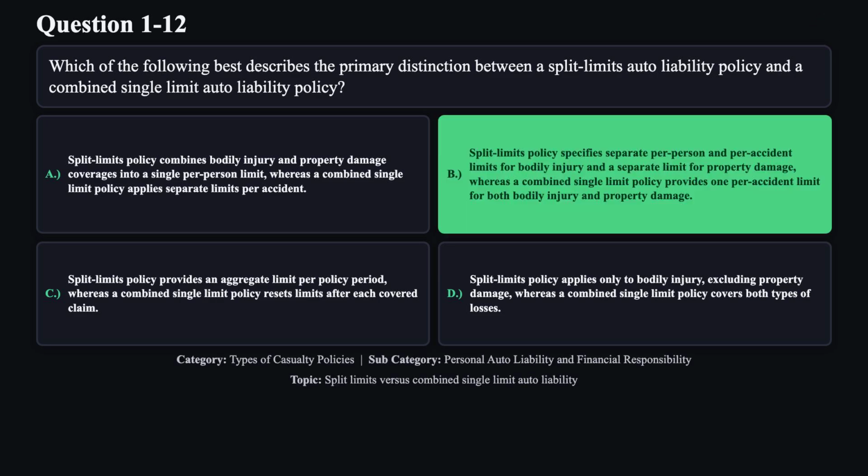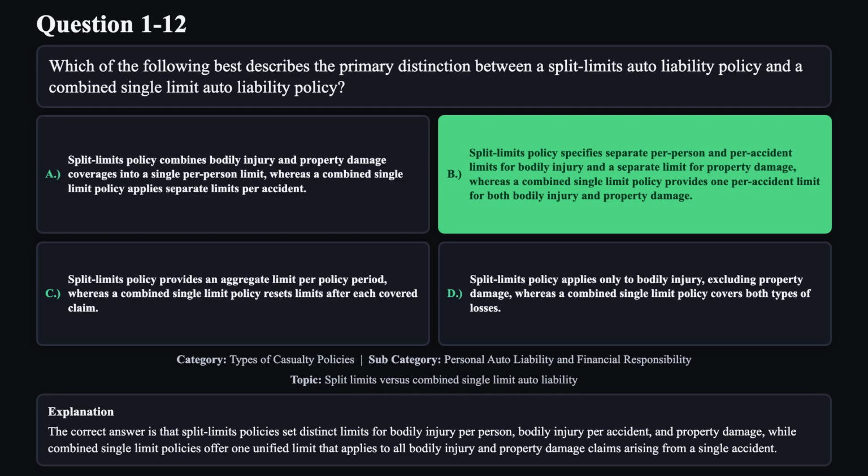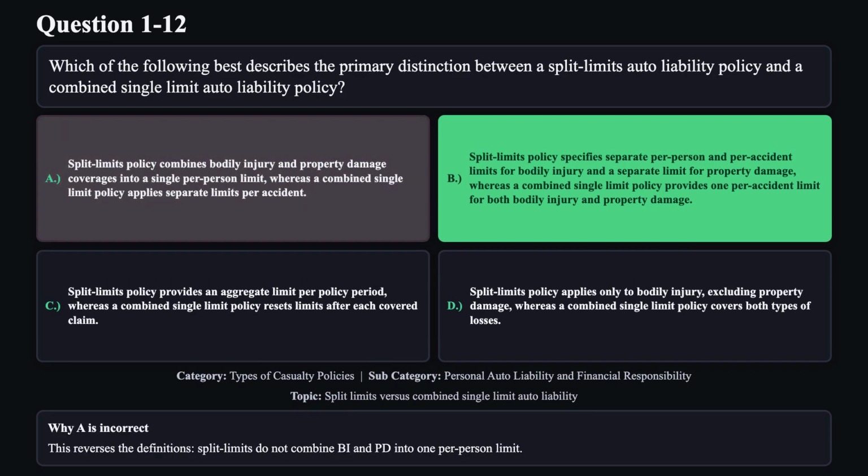The correct answer is B. Split limits policies set distinct limits for bodily injury per person, bodily injury per accident, and property damage, while combined single limit policies offer one unified limit that applies to all bodily injury and property damage claims arising from a single accident. Reason A is not correct. This reverses the definitions.